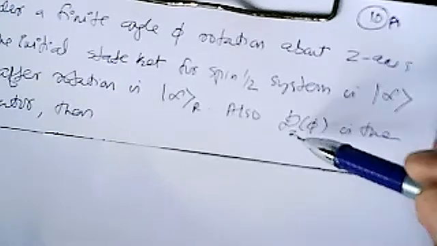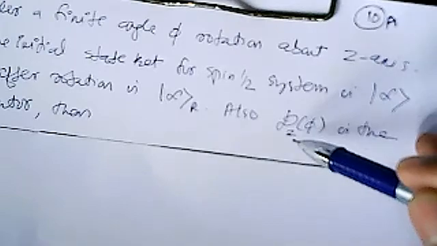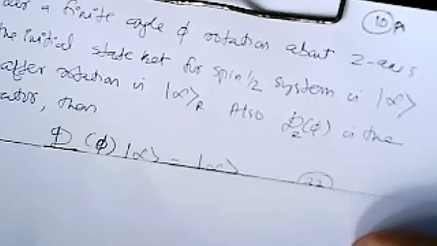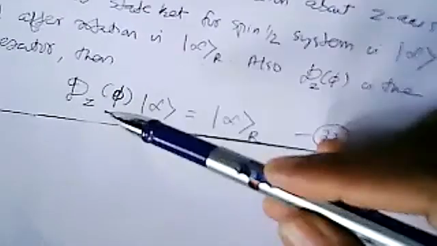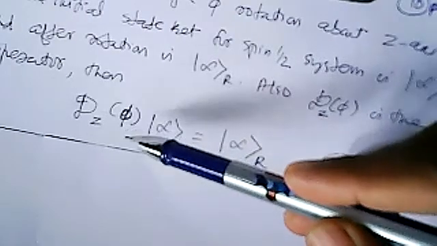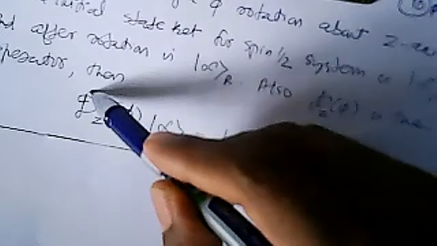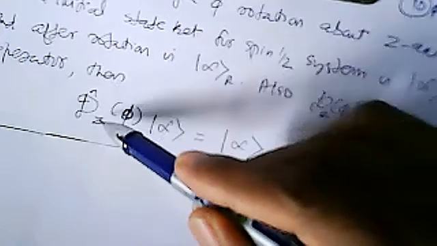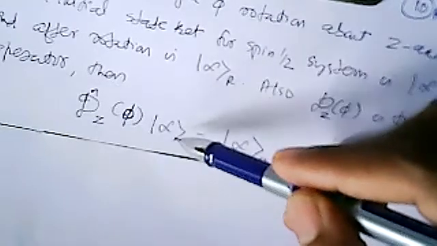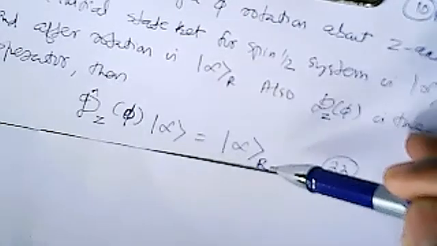We are performing finite angle rotation phi about the axis Z. So D_z(phi) is the rotation operator. So this is the mathematical statement: D_z(phi) acting on ket alpha gives ket alpha R, the rotated ket alpha. This is the operator equation.